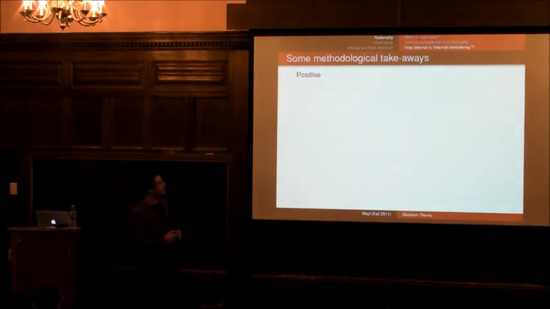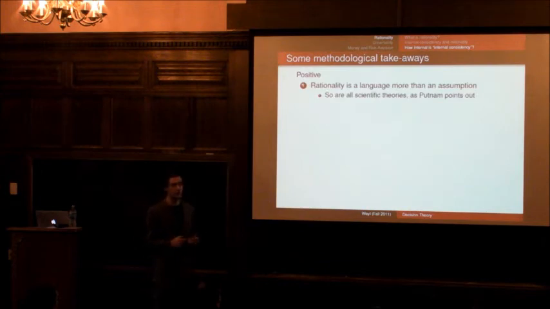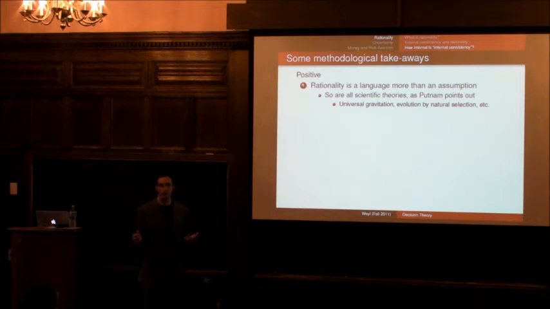So some methodological takeaways from this are, first of all, that rationality is not really an assumption about behavior. It's a language for talking about behavior. And that's true of basically all scientific theories. Newtonian physics means nothing until you state what are the set of things that exist, what are the set of all forces that are operating in a given situation.